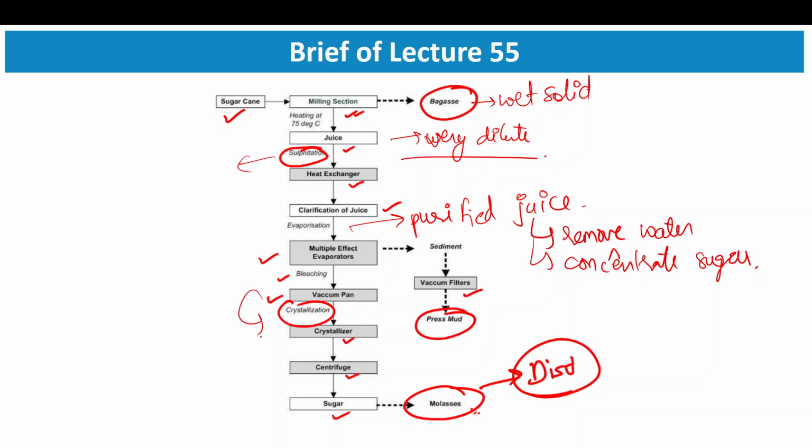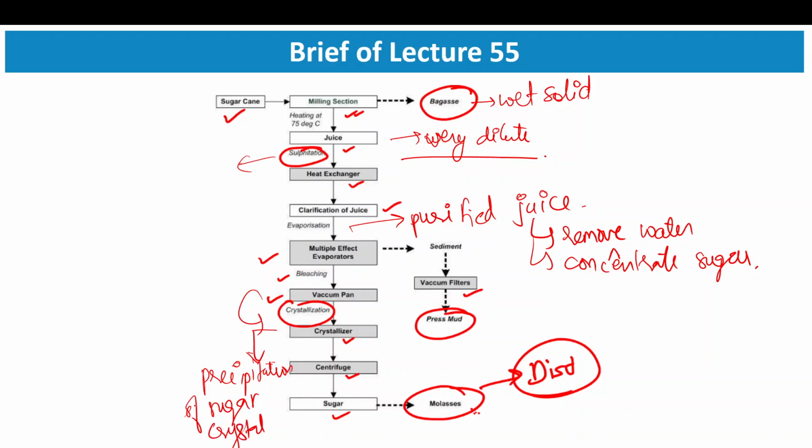Whatever you have, a concentrated sugar mother liquor, is sent to a crystallizer, where by supersaturation you achieve a sugar concentration very high compared to its solubility, which causes the precipitation of sugar crystals, right?